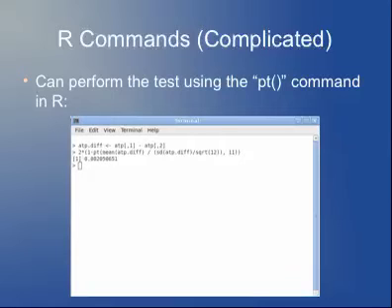But that gives me the test statistic. Remember, under the null hypothesis, this test statistic should have a t-distribution with 11 degrees of freedom. To get a p-value associated with a specific test statistic in the t-distribution, I go pt of the value of the test statistic, 11 degrees of freedom.